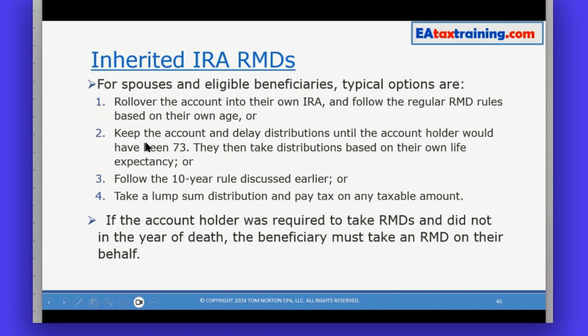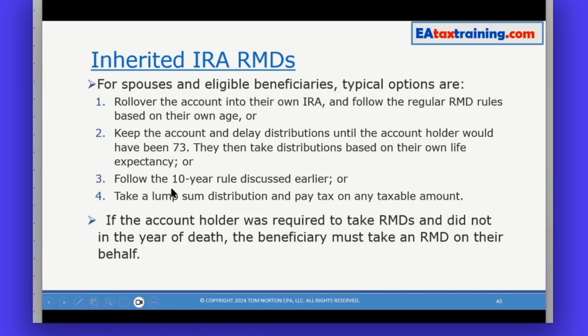Or another option that they frequently have is to go ahead and follow the 10-year rule that we already discussed. And then another option that they will always have is to take a lump sum and pay tax on any taxable amount.